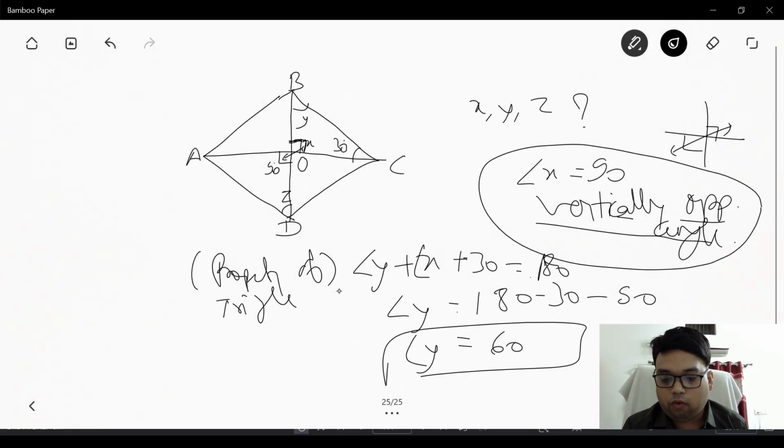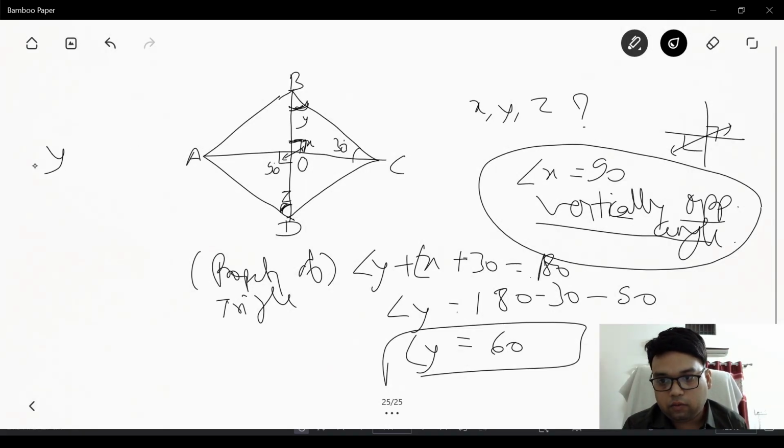Now moving forward to the calculation of angle Z. What will be the value of angle Z? Is angle Z equal to angle Y? If yes, then which property will be used here?